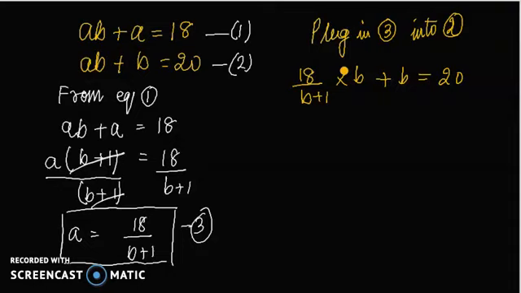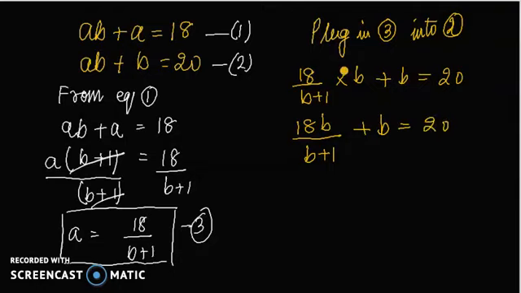As you can see, we have ab plus b is 20 and a is 18 over b plus 1, which we have found in equation 3. So for a, I have plugged in this value, and after further simplifying it, we get 18 times b, 18b by b plus 1 plus b equal to 20.